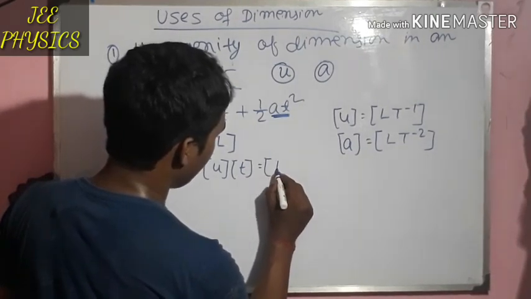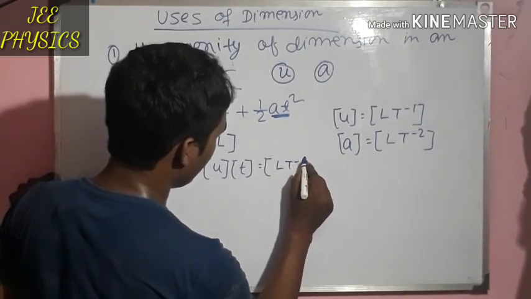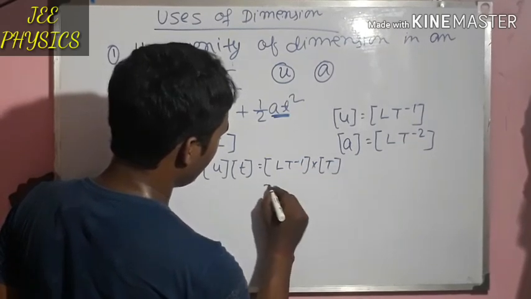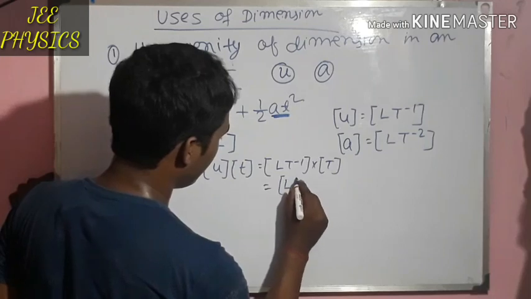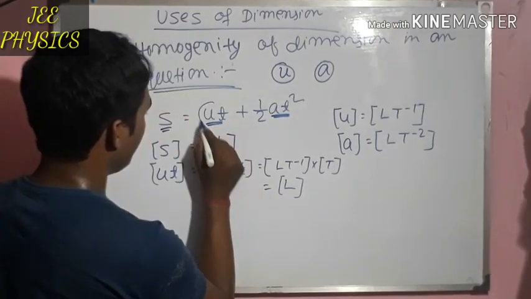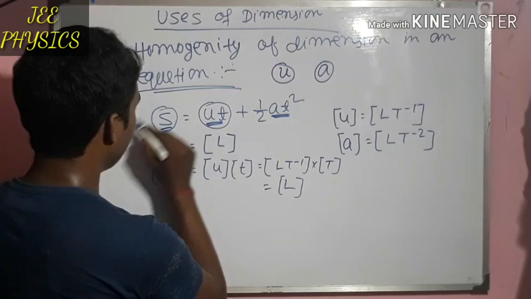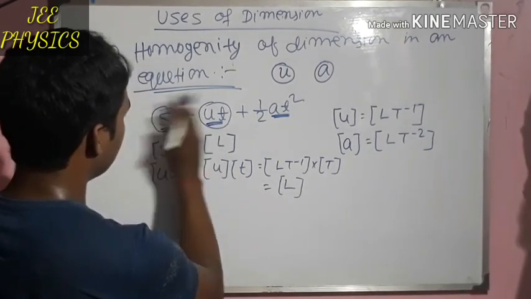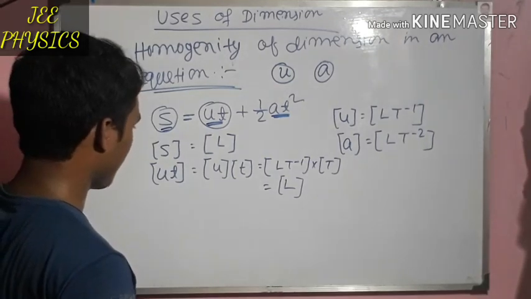The dimension of u is L t minus 1. The dimension of t is t. So this becomes also L. So the dimension of ut is also L. The dimension of s is also L. So we have an equal sign here and both sides have the same dimension.